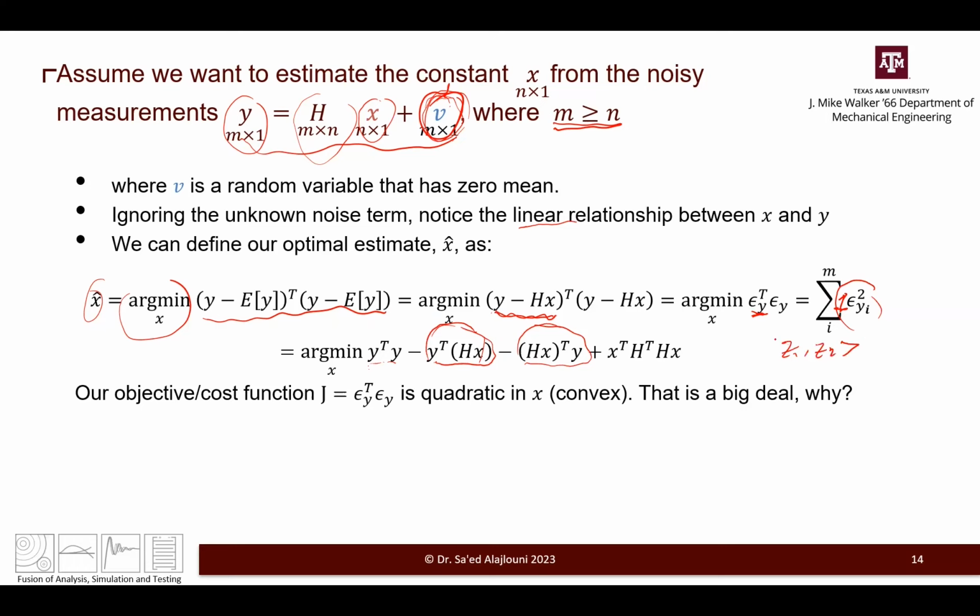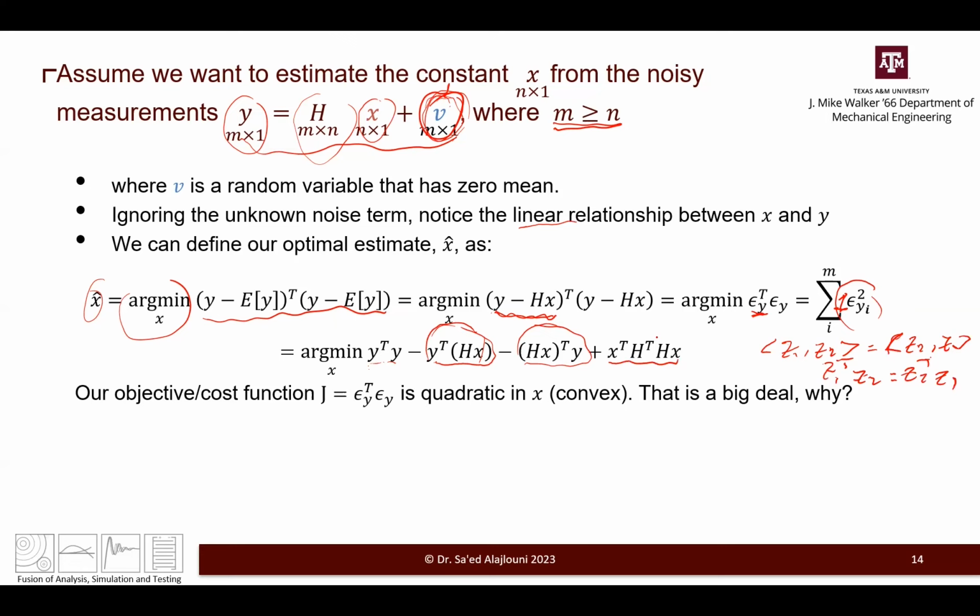The dot product of Z1 and Z2 is the same as the dot product between Z2 and Z1. So Z1 transpose Z2 equals Z2 transpose Z1. So these are exactly the same term. And here, this is a quadratic form.